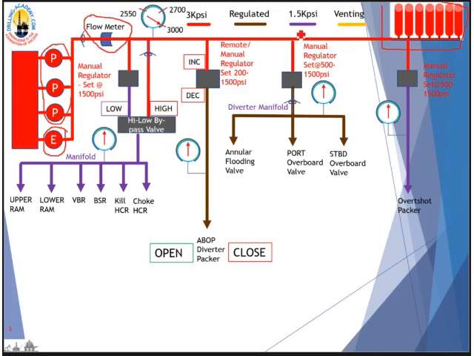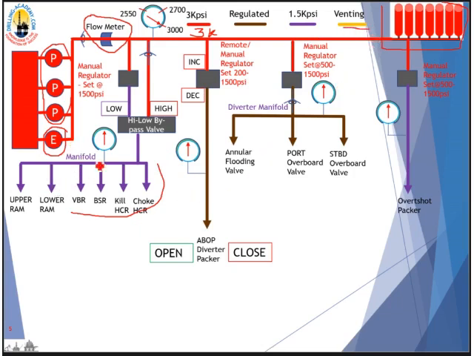This is a 3000 psi system, working system pressure 3000 psi. The 3000 psi line is colored in red, and the dark brown lines are regulated pressure. The purple lines here are all 1500 psi, and whatever is in yellow is the vent line.